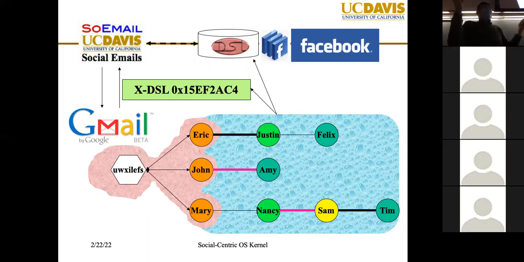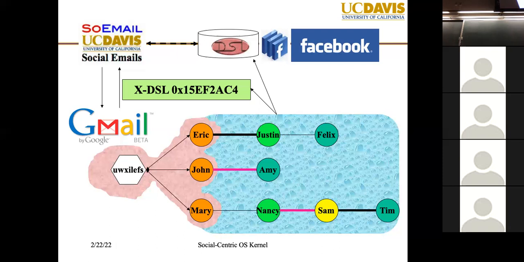It's not just links, but also the trust relationship. So we pick the path with the highest trust value between the sender and the receiver, and we generate an encoding for that relationship associated with that email. So you see that tag, XDSL.